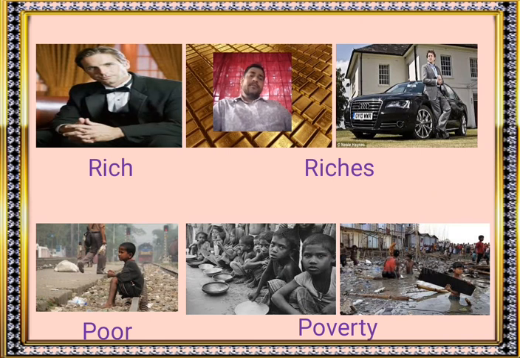Here the rich, after using suffixes, the new word is riches, and the poor becomes poverty. In this way we can use suffixes and improve our English words.